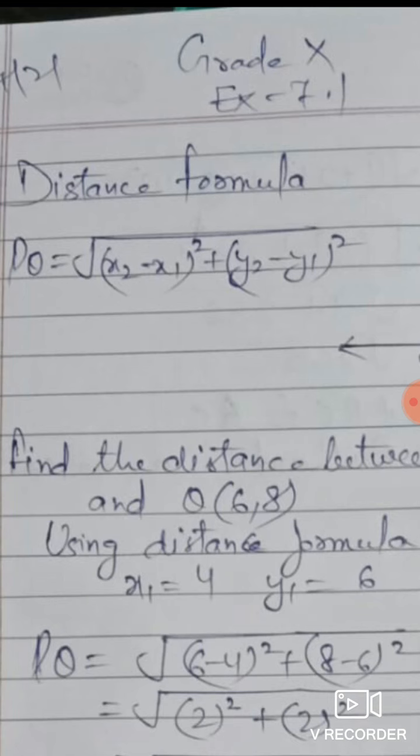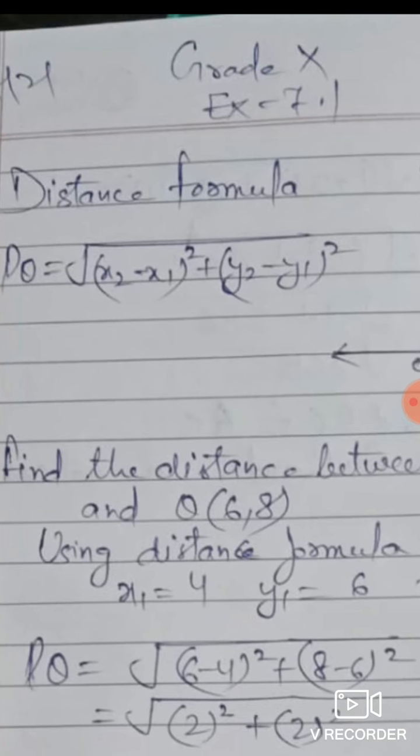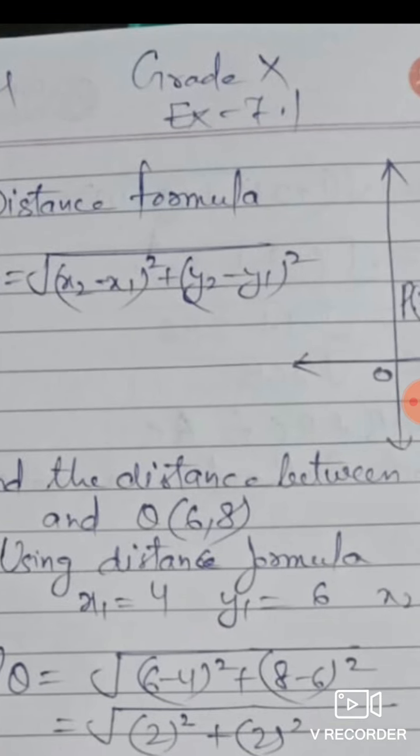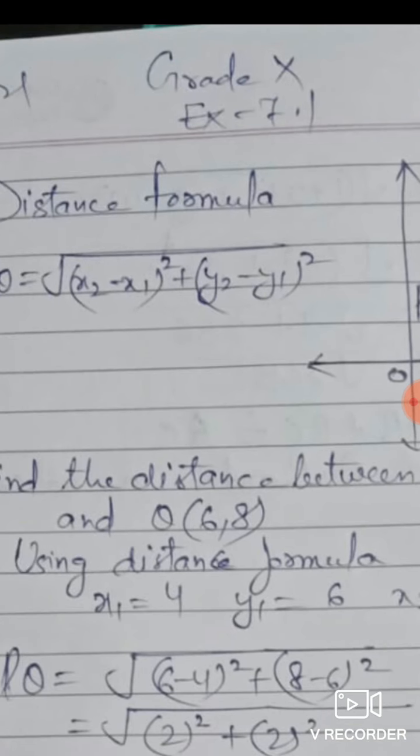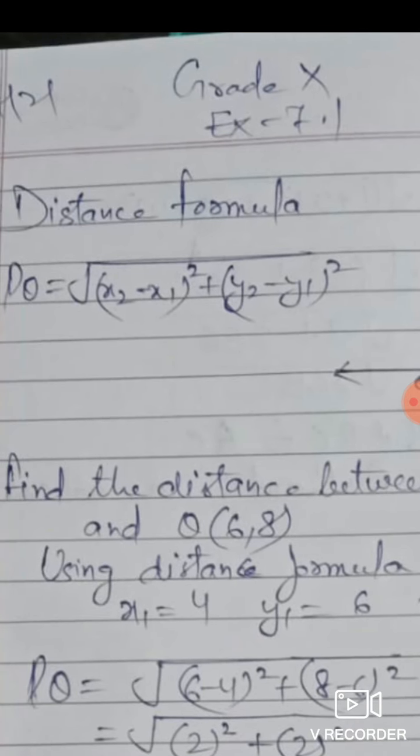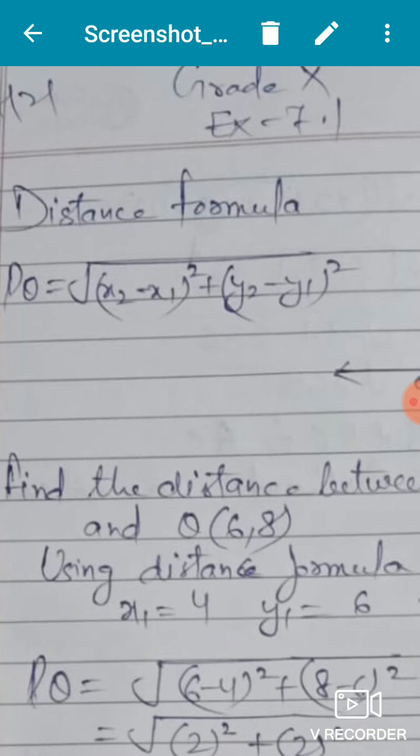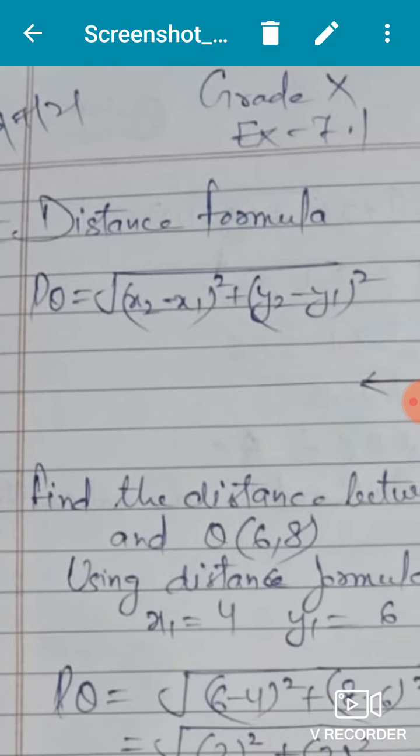Okay, x2 minus x1 means the abscissa of both the points we will subtract and then square it. Similarly, the ordinates we will subtract and square, then we will add them, and finally we will find the square root of that. So that will give us the distance between 2 points.